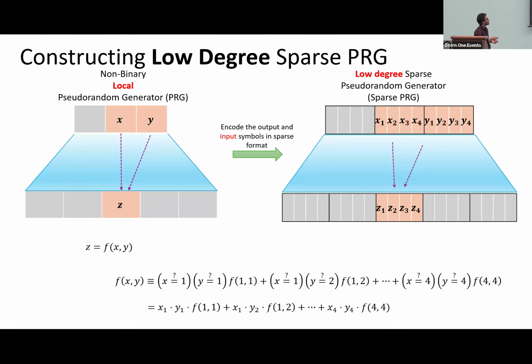And so we can rewrite this expression in the following form: x1 times y1 times f(1, 1) plus x1 times y2 times f(1, 2). Basically, the equality checks become a low degree computation in the sparse world where you already have a sparse unit vector encoding of the seed symbols. And this is what enables low degree sparse PRG.